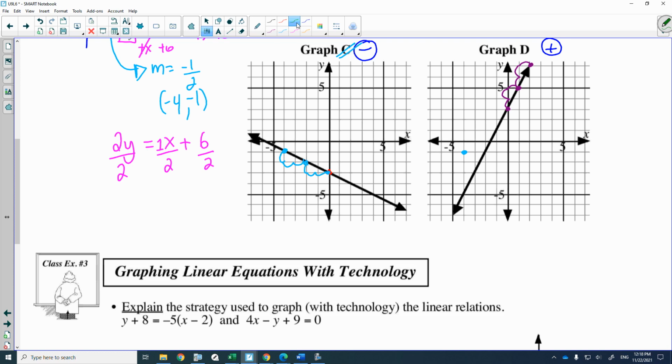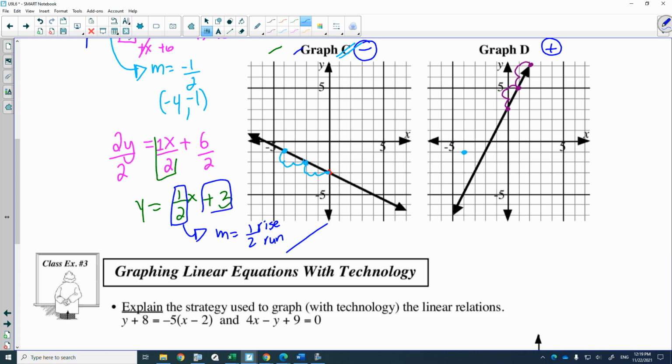So that's going to be y is equal to 1 over 2x plus 3. Slope is 1 over 2, which looks like that. It's a positive slope. It's going to be a rise of 1 and a run of 2. The y-intercept is going to be 3.